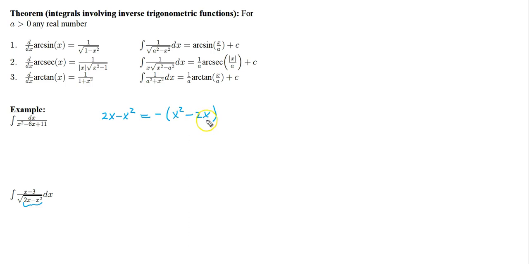Now it's easy to complete the square on this. So the b in this case is going to be negative 2. And so what we want to do is look at negative 2 over 2 squared, which is 1, of course. So we add that in and subtract it back out.